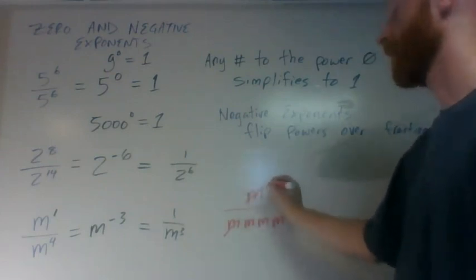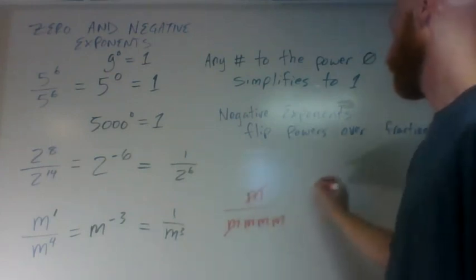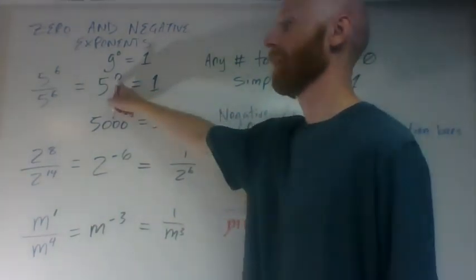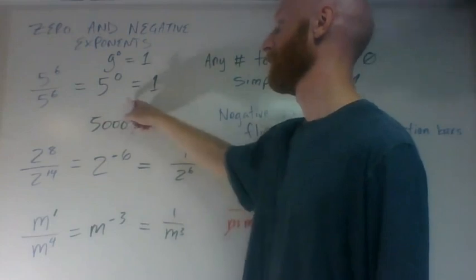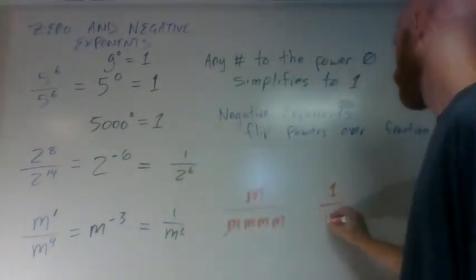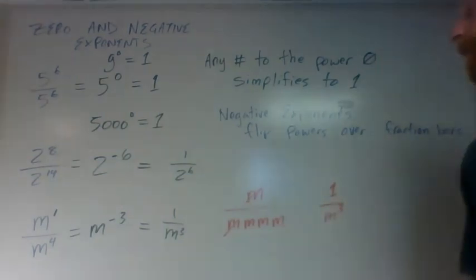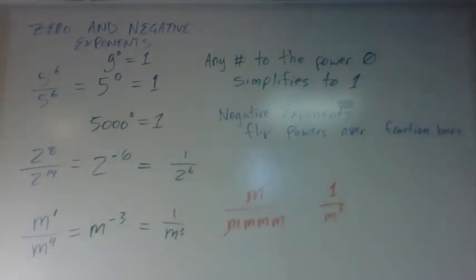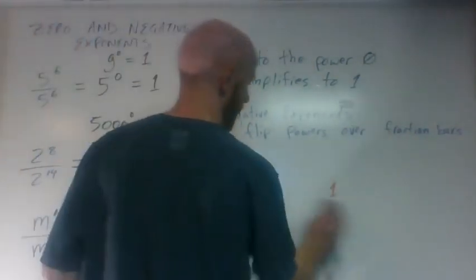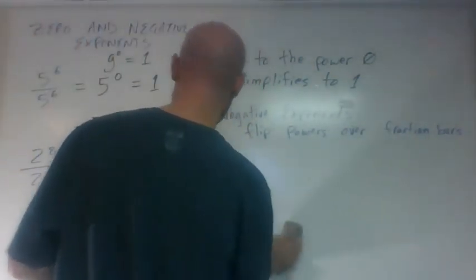I'm left with 1 in the numerator. All right, no m's, but remember, no factors means 1 is the answer. So 1 over m to the 3rd. Okay, that's how you build that shortcut rule. Let's look a little bit more at some negatives before I move on.